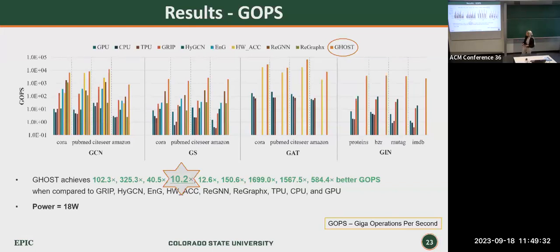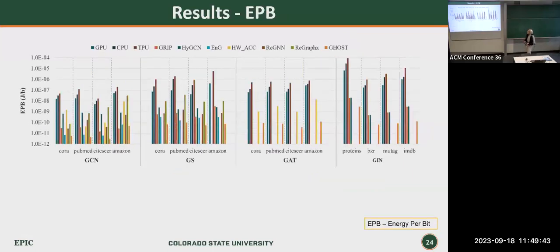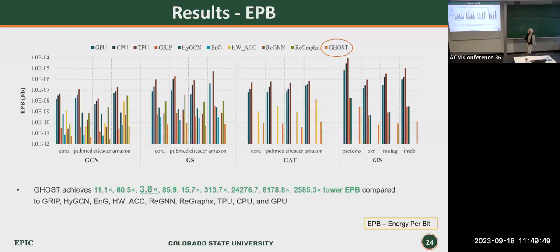And our power was only 18 watts, which is pretty average compared to other GNN state-of-the-art accelerators. It's even on the lower side. Then we have the results for the energy per bit, which is an energy efficiency metric. Those also outperformed all other platforms, and it achieved at least 3.8 times lower EPB values.